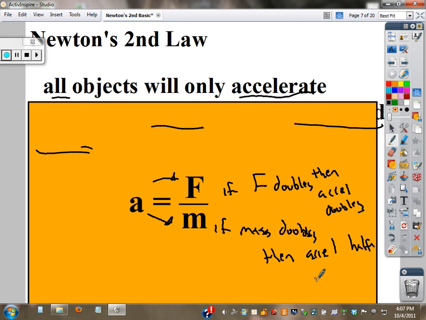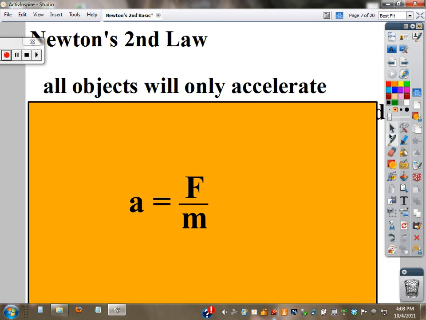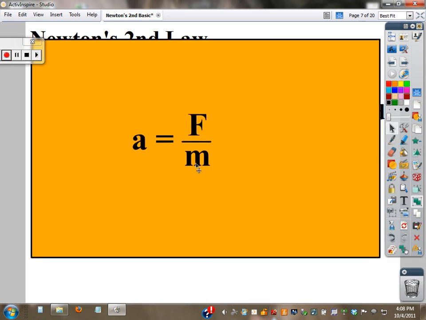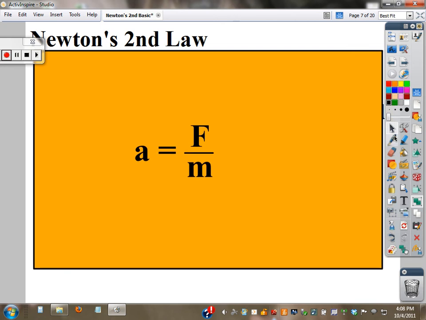So let's try a couple. Let's look at some proportional changes and see how the answers would be. You don't need to write these down, just try to solve them. For example, our original acceleration is 4 meters per second squared.